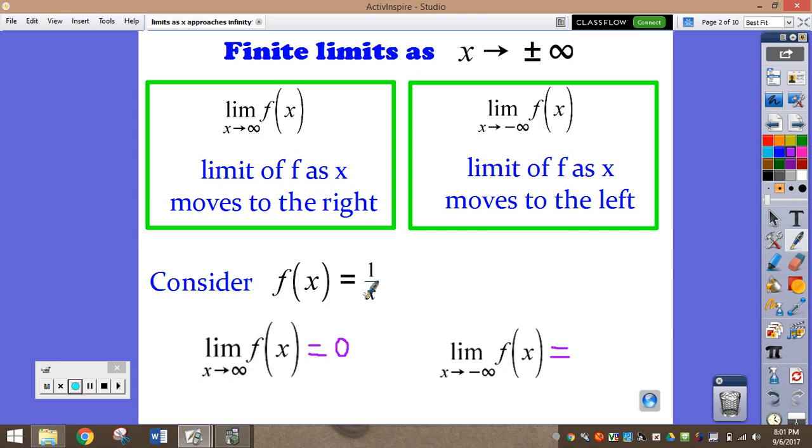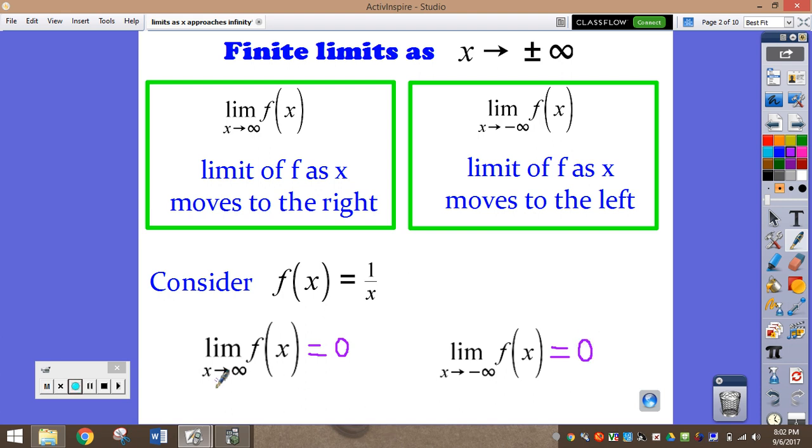And so still you're approaching 0. Even though it's negative infinity, moving out to the left, it's still coming down to 1 over a really huge number. Even if it's negative 0.0000004, that's really close to 0. So basically this limit would equal 0.